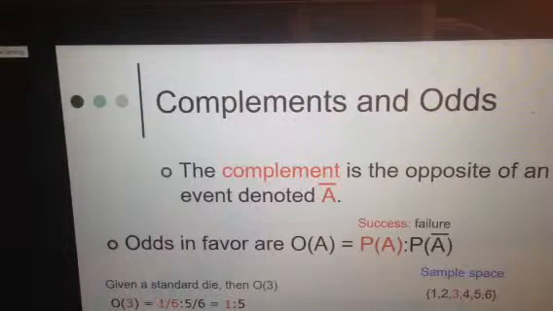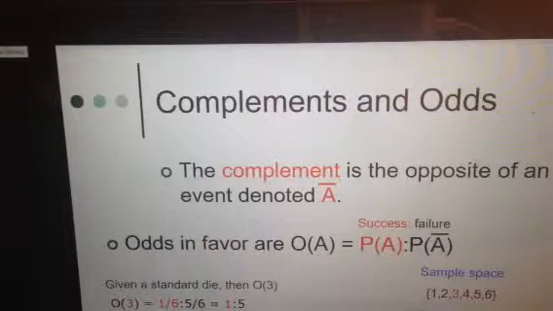The probability of not getting a 3 is 5 in 6. So the odds would be 1 to 5 of getting a 3. There's one 3 and there are five not 3s.